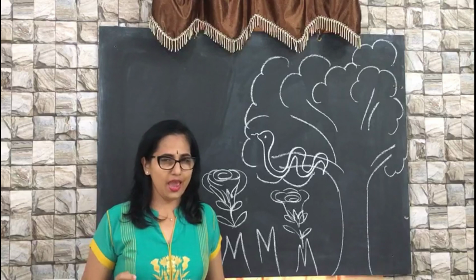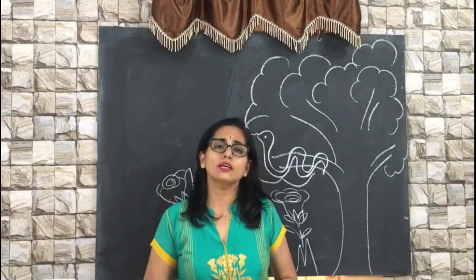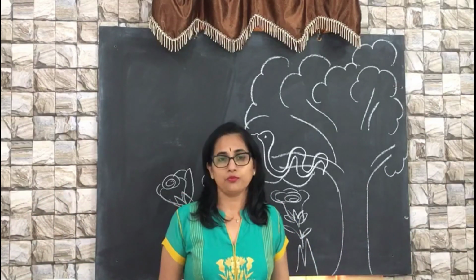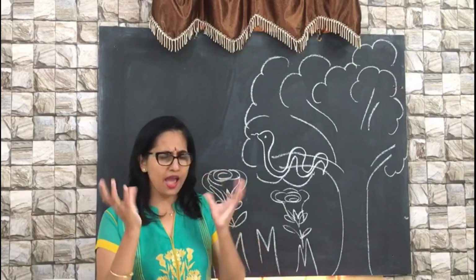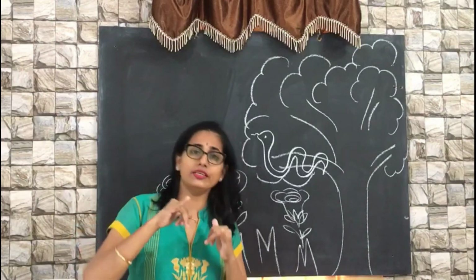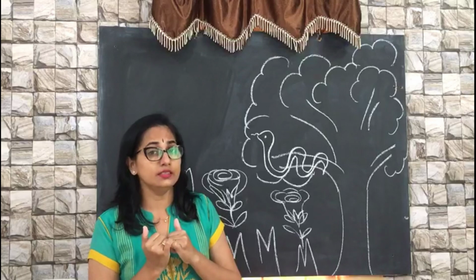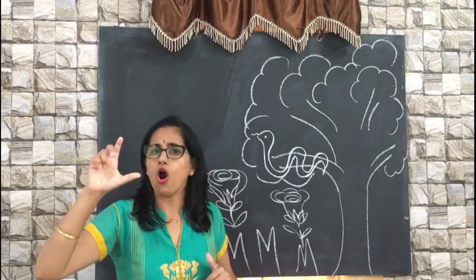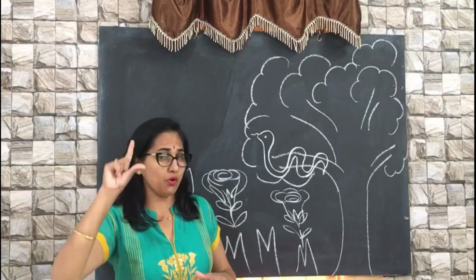Jug. K is for kite. Kite. L is for line. Line. M is for mango. Mango. N is for nest. Nest. O is for orange. Orange. P is for parrot.